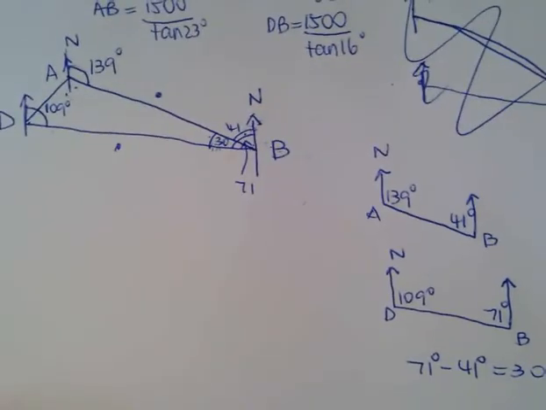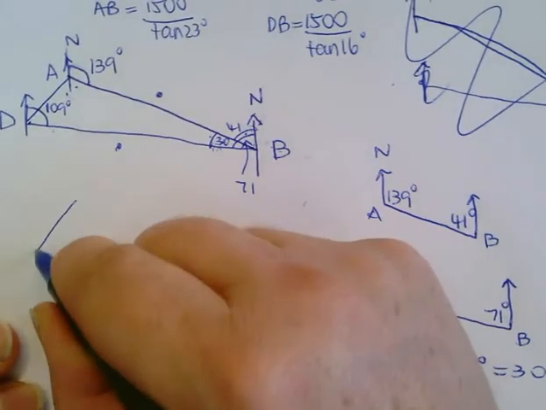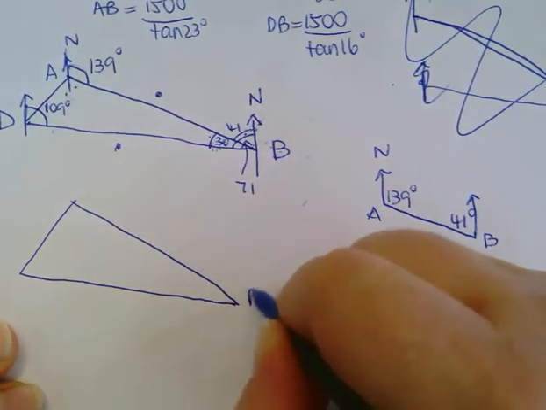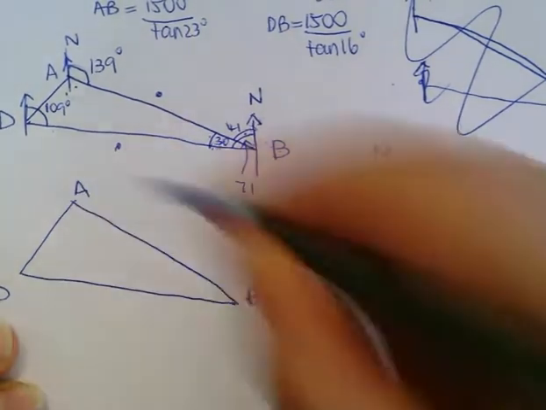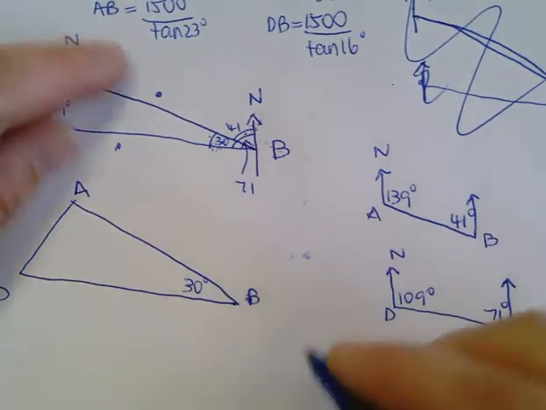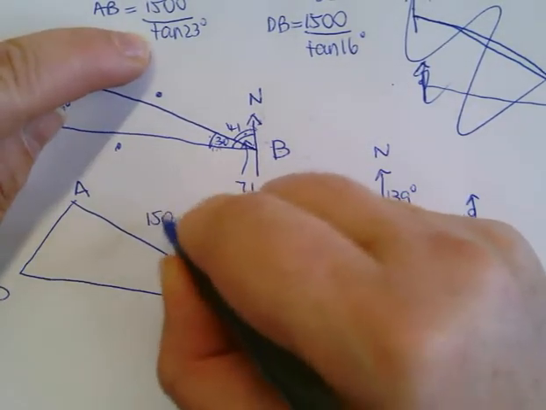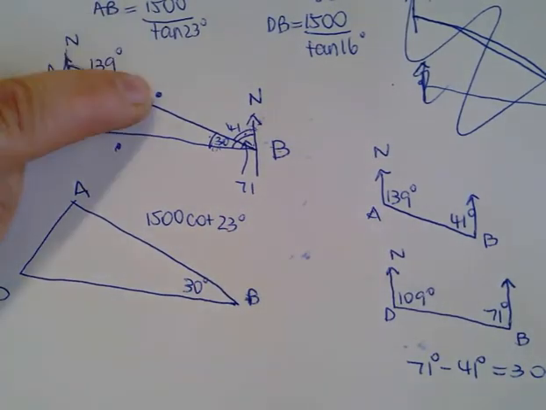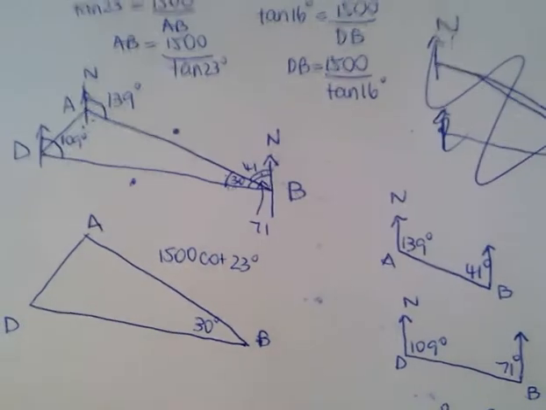So what I'm going to do now, I'm going to draw the triangle again, not with bearings, but just with distances. And I've got DAB, I've got 30 degrees. AB is 1500. Can I call it 1500 cot 23? Because it's 1500 divided by tan 23. Are we okay?